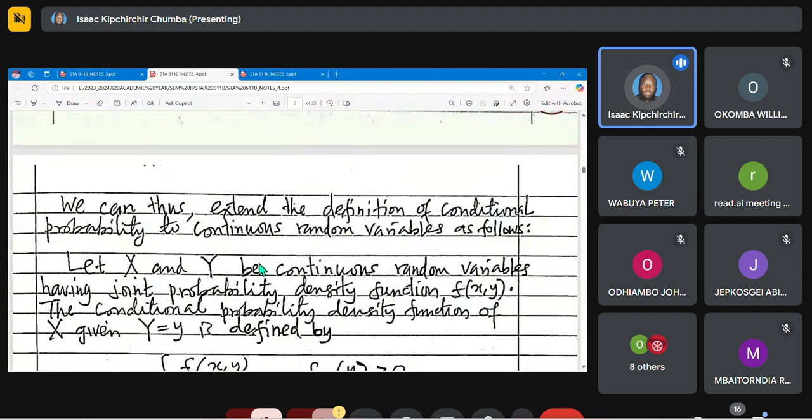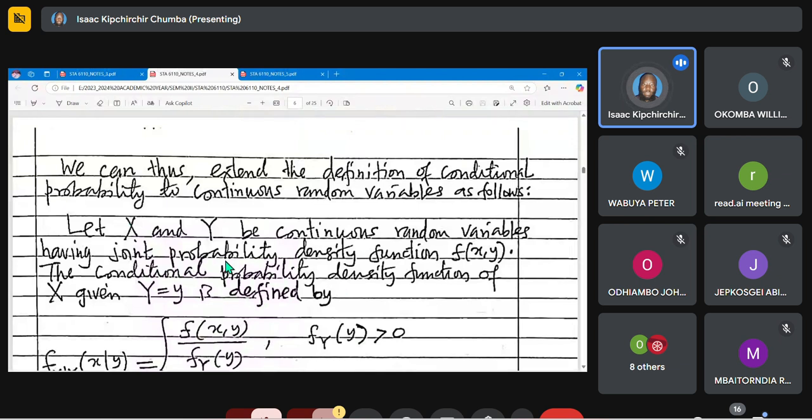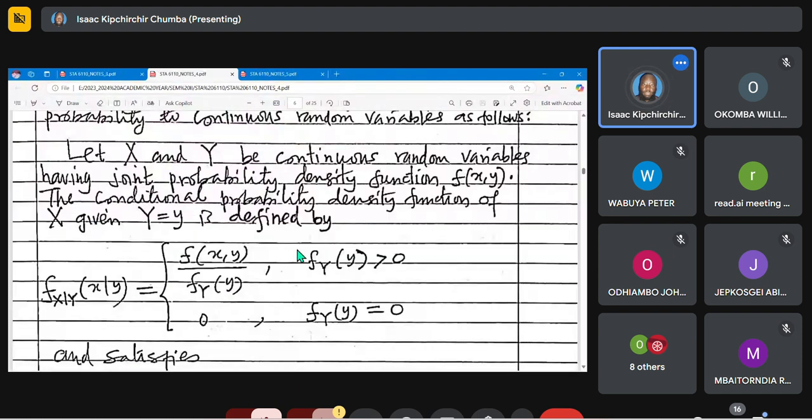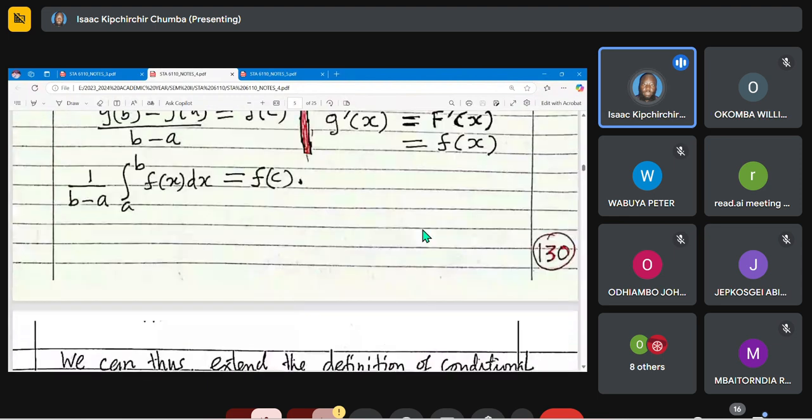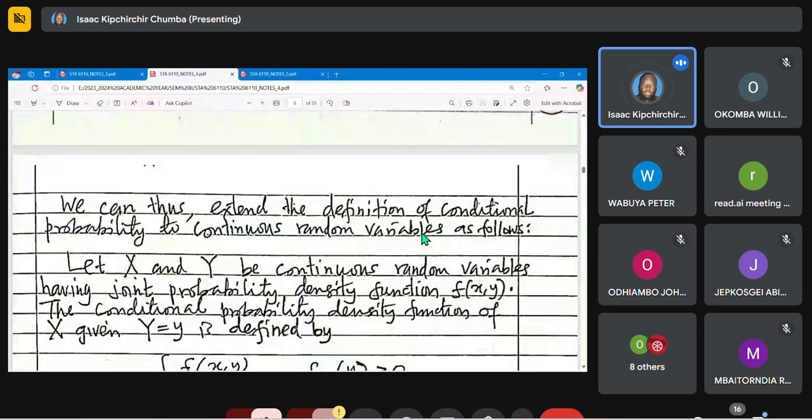Now, with that explanation, we can thus extend the definition of conditional probability to continuous random variables as follows. Let X and Y be continuous random variables having joint probability density function f of xy. The conditional probability density function of X given Y is defined by, so you adapt now the way we were defining it even for discrete, because we have already defined how we can compute such probabilities.